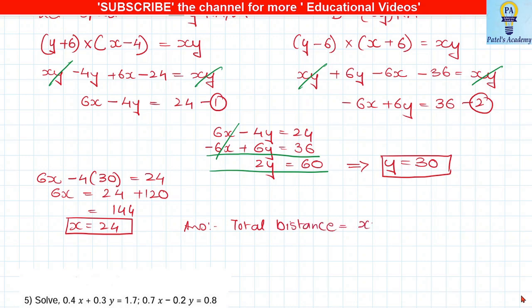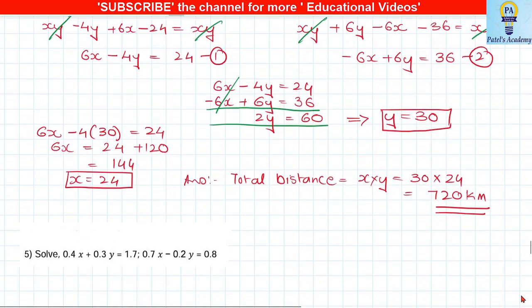Speed into time, that is x into y, that is 30 into 24. My answer is 720 kilometers. The total journey is of 720 kilometers, out of which the speed is 30 kilometers per hour and the time taken is 24 hours. Okay.